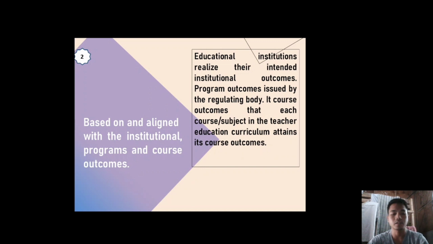The institutional outcomes are what the graduates of an educational institution are supposed to be able to do beyond graduation. The program outcomes issued by the regulating body, CHED, describe what graduates of a particular educational program or degree are able to do at the completion of the degree or program. Lastly, the course outcomes are what teacher education curriculum students should demonstrate at the end of the course or a subject.